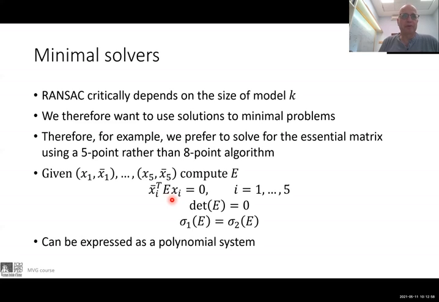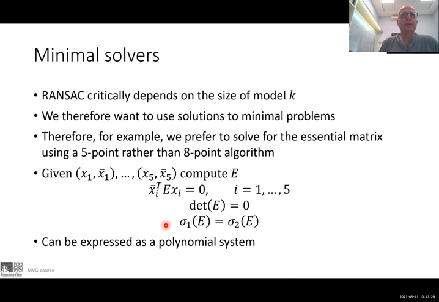However, if you want to do this with 5 points, you can look at constraints over E. The issue is that these constraints are not so simple. One is that the determinant of E is 0, which is a polynomial equation. And the second one is that, of the 3 singular values of E, one is 0 and the other two must be equal.